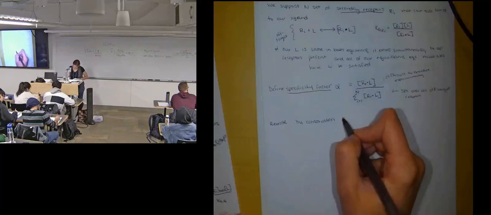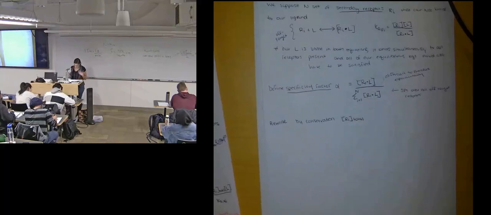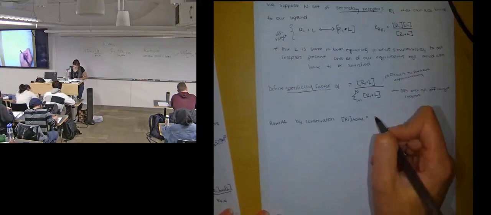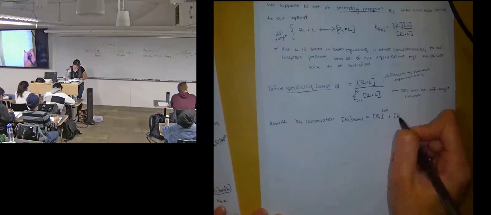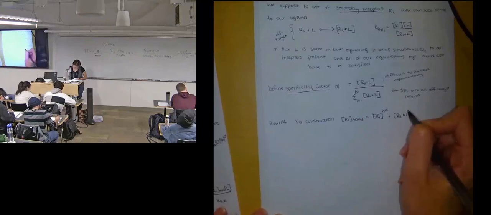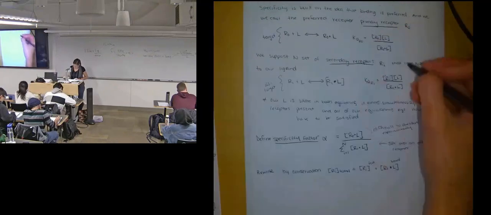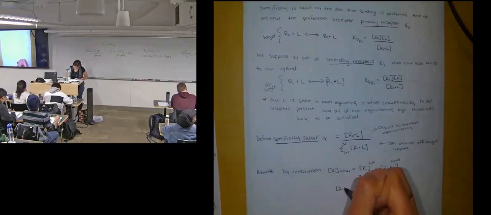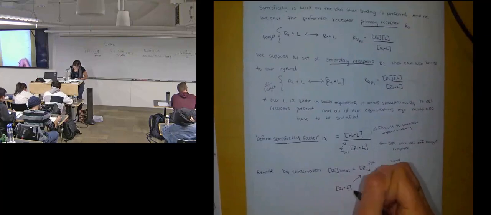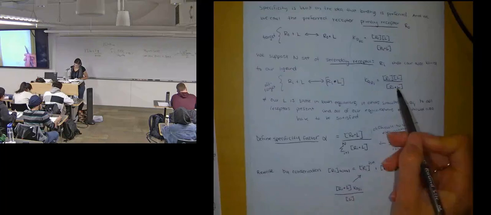Okay, so by conservation, our total amount of secondary receptor, or of any given secondary receptor, will be equal to the free concentration plus the bound concentration. So from up above, from our relationships to Kd, this piece is equal to the complex concentration times Kd for that off target over the ligand concentration. It's just a rearrangement of this.